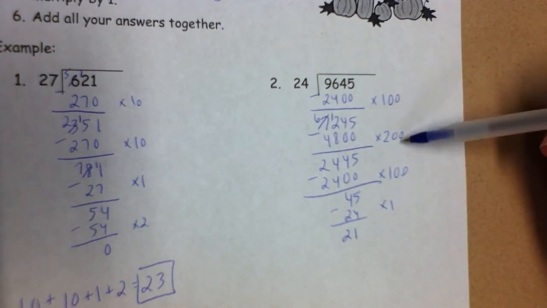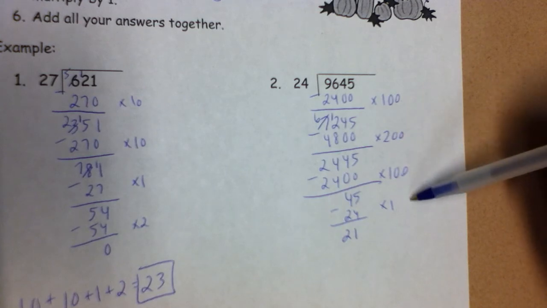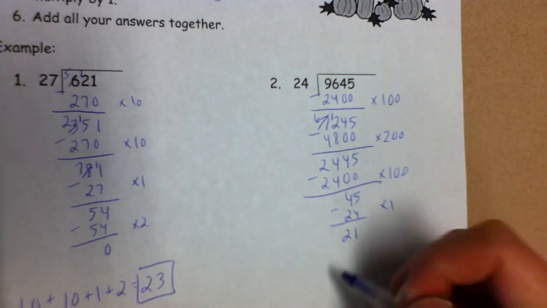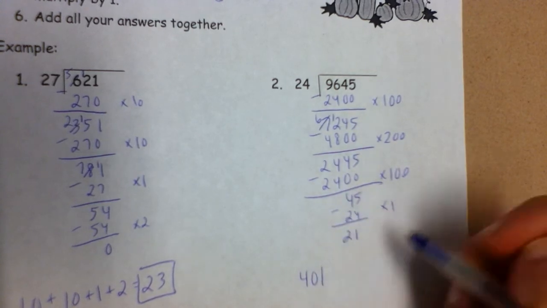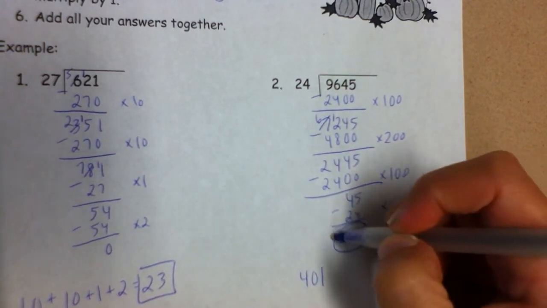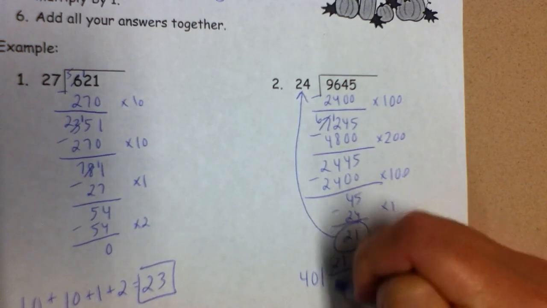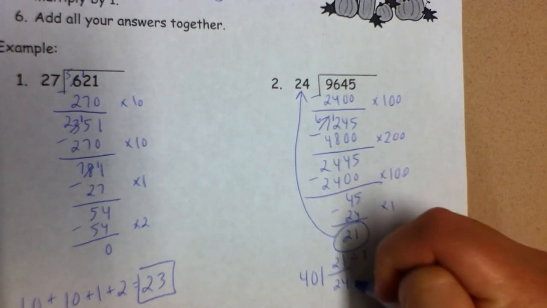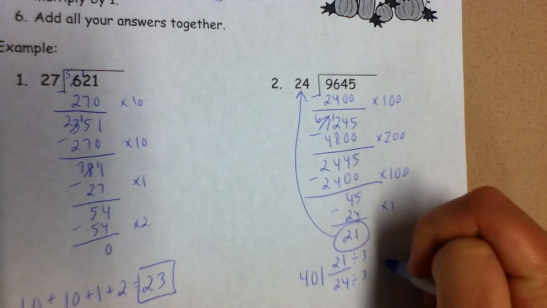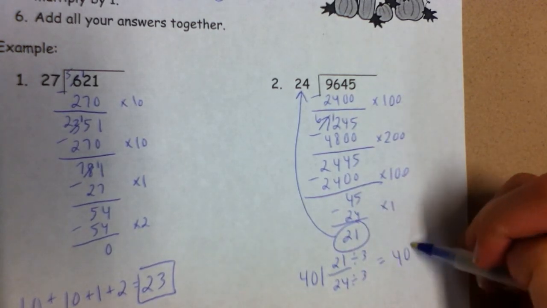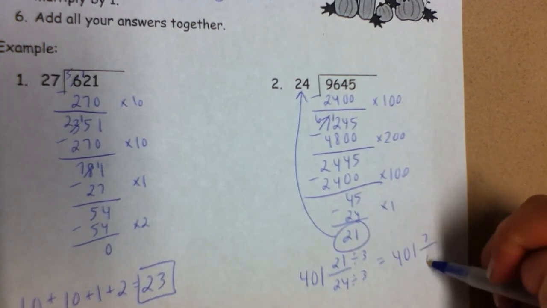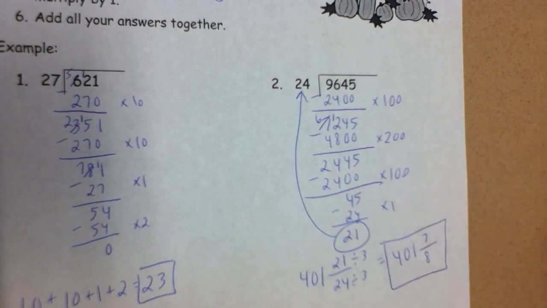When I add up 100 plus 200 plus 100 plus 1, I get 401. And 21 over 24. This fraction can be reduced by dividing by 3 over 3. So this gets me 401 and 7/8 as my final answer.